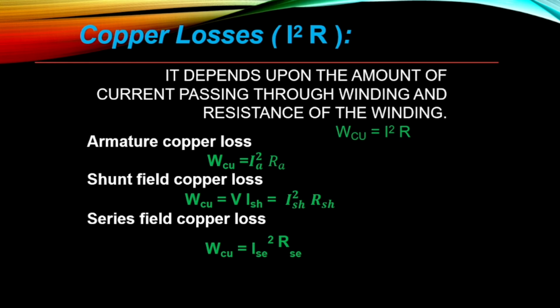We know that V equal to ISH into RSH. Replacing V by that, we get ISH square into RSH. Series field copper losses, WCU equal to ISE square into RSE.